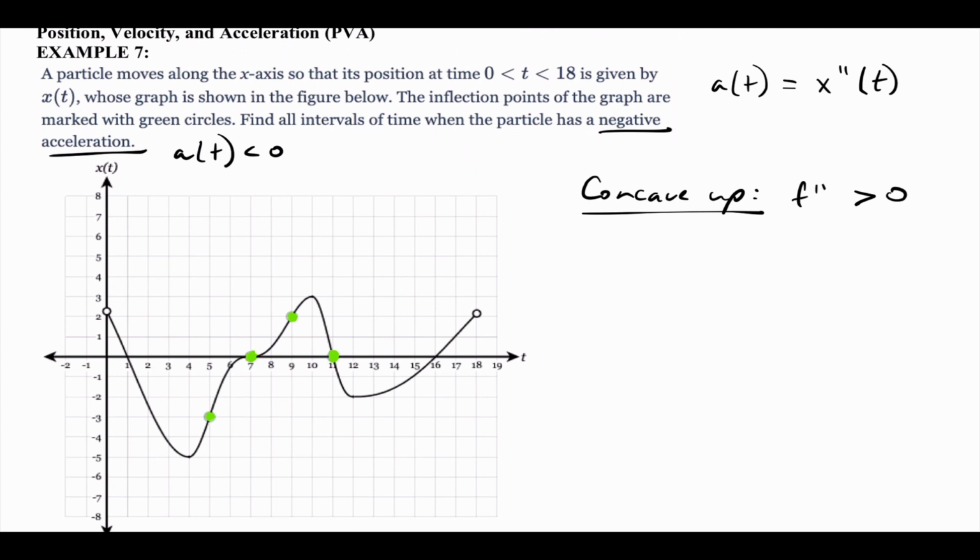The second derivative, right? When the second derivative is positive, that goes back to our justifications. Isn't that a justification for concave up? When the second derivative is positive? When the second derivative is negative, it's concave down. That's what the second derivative test is all about.